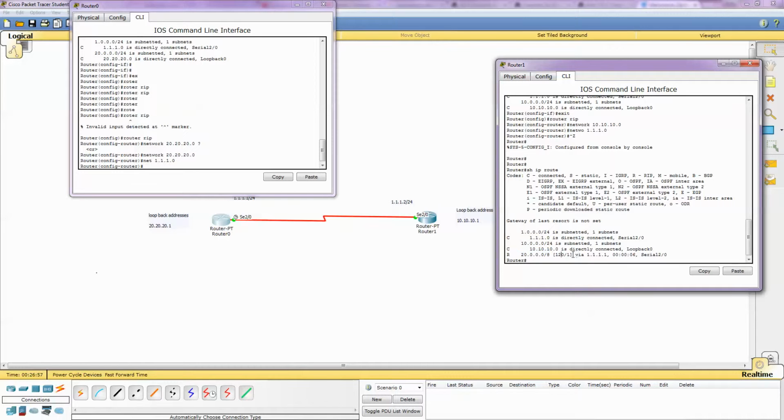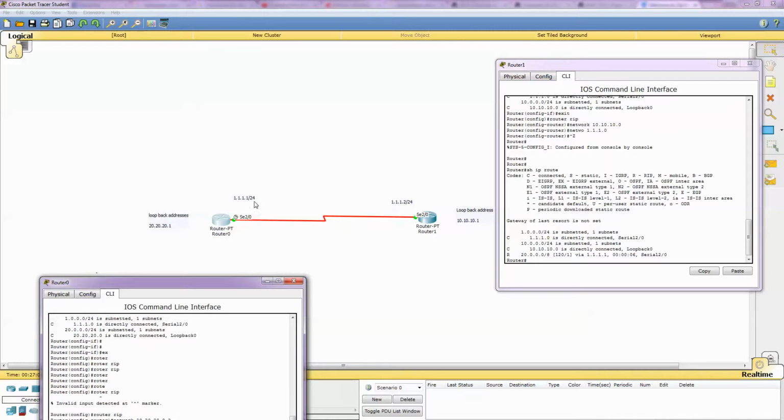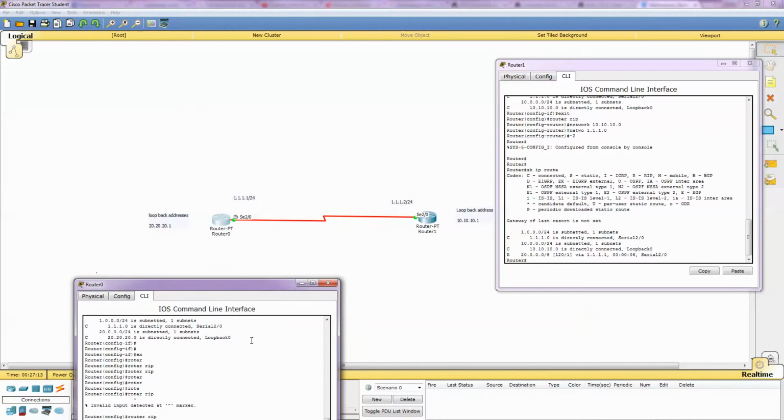We are able to see 20.0.0.0 via 1.1.1.1. This IP address is giving the address of this network to this router. The same will be here. This network will be advertised in this router via this IP.